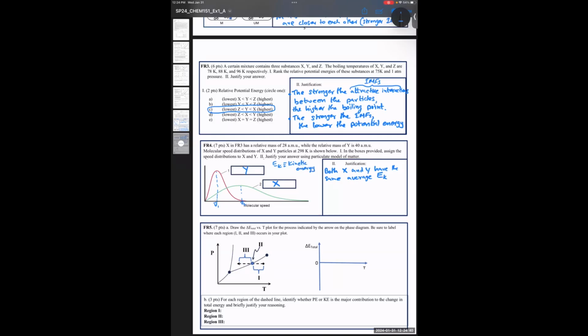I'm trying to save some space here. Kinetic energy. Because they are the same temperature.